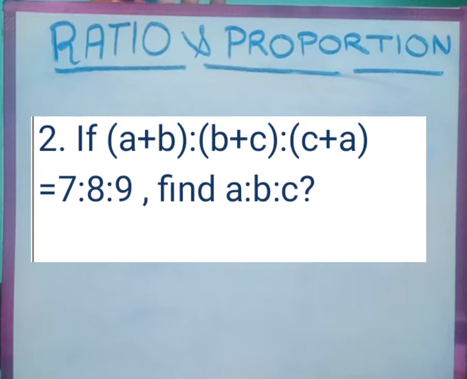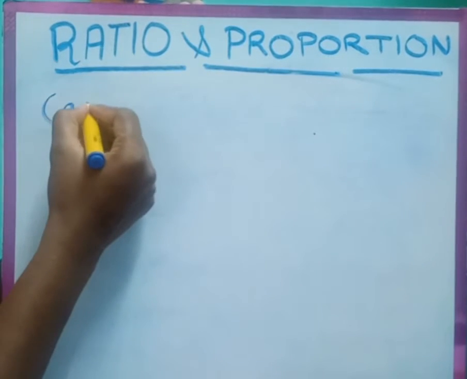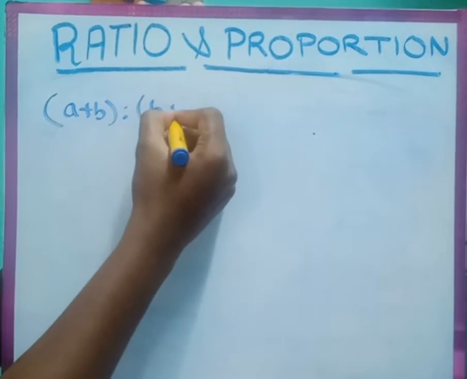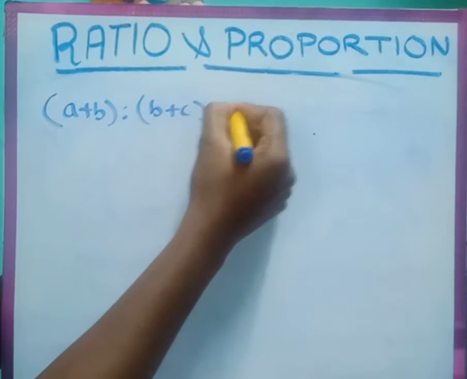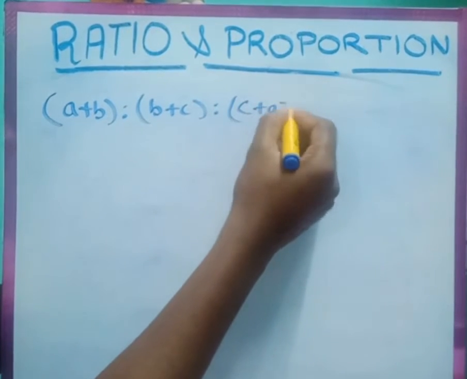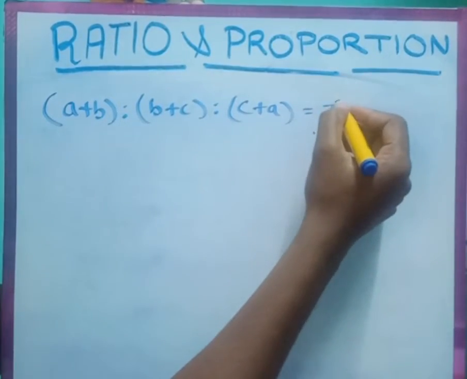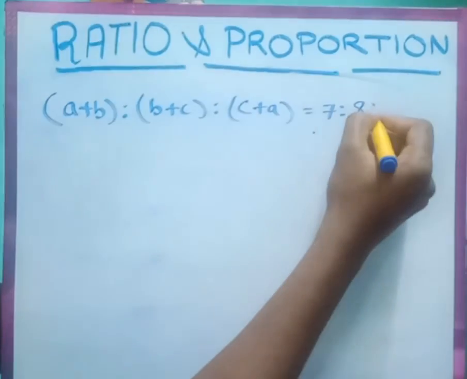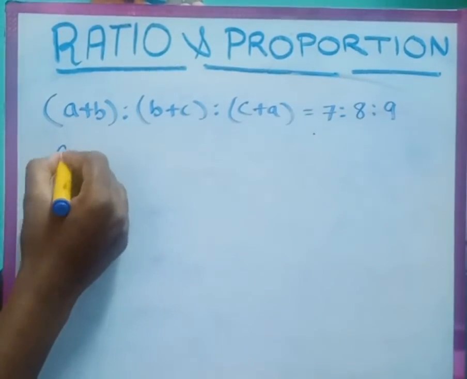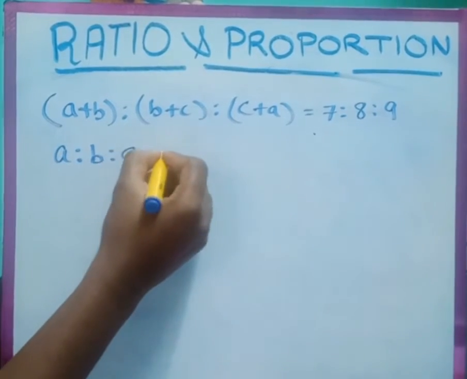So in this question, it is given that A plus B is to B plus C is to C plus A equals 7 is to 8 is to 9, right guys? Now we have to find A is to B is to C, right?